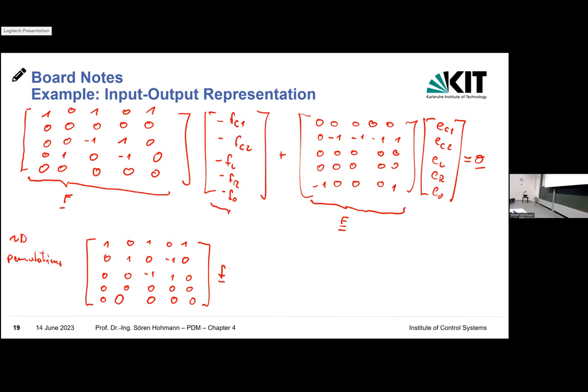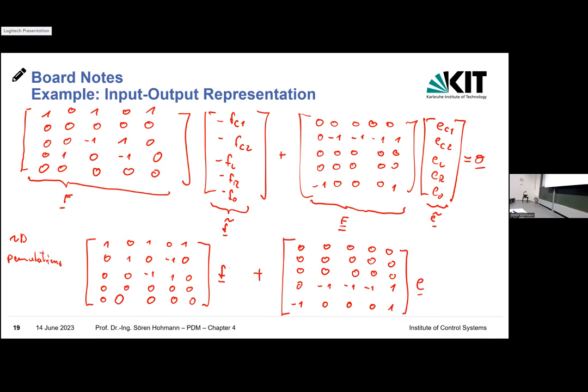So call it f tilde here, perhaps to make it more explicit. E tilde, something else. And plus all the zeros here all together. We need 1, 2, 3, 4, 1, 2, 3, 4, 5, and then we group minus 1, minus 1, 1, minus 1, 0, 0, and 1, and we get E here.